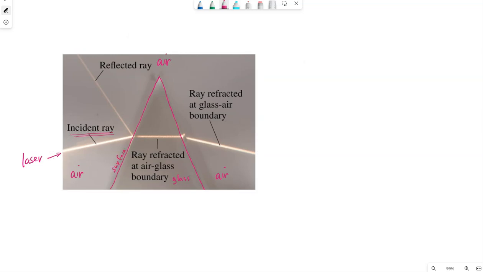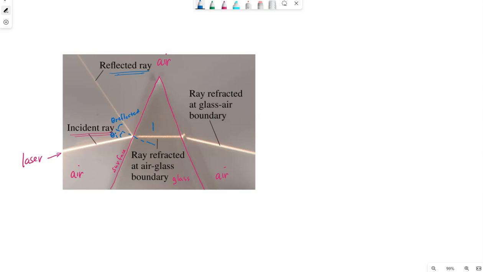When the light hits this surface, if you recall the law of reflection, we say this incoming or incident angle has to equal the reflected angle. So we get some of the light that is reflected, even if we don't want it per se. Just the fact that there is a boundary there, a surface, some of that light gets reflected off.